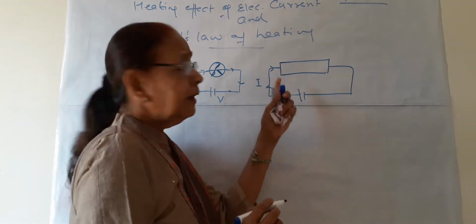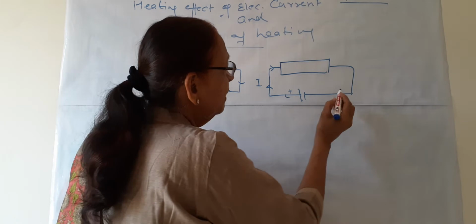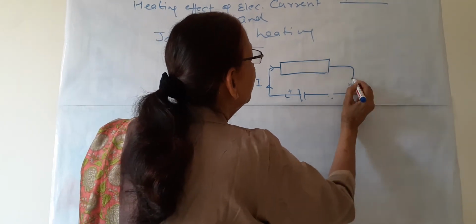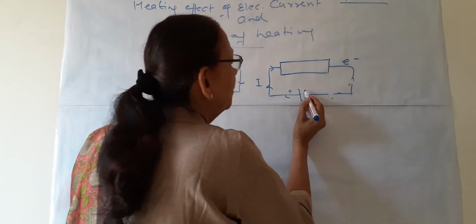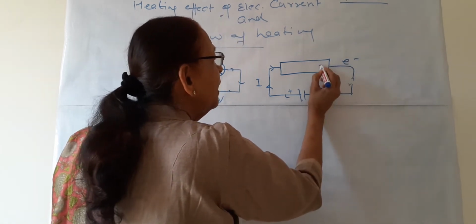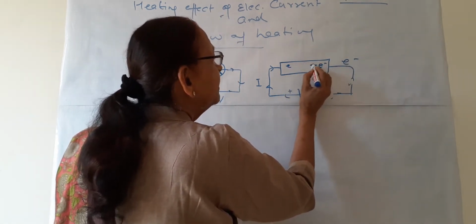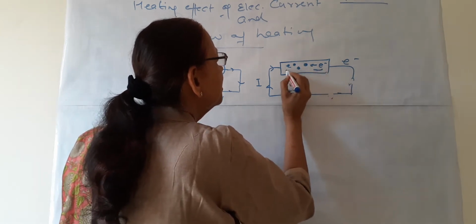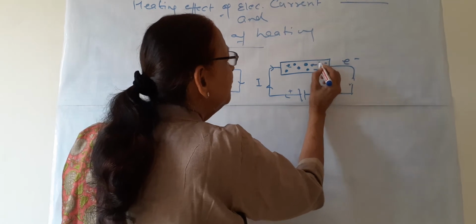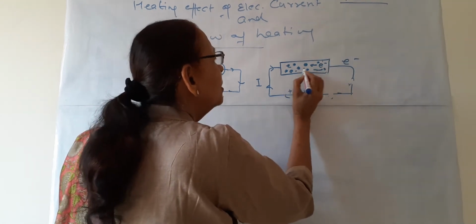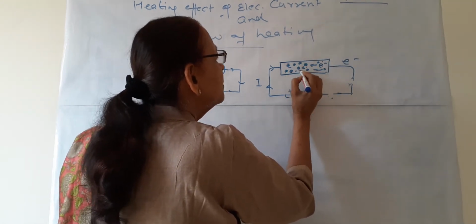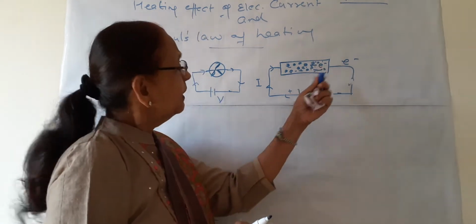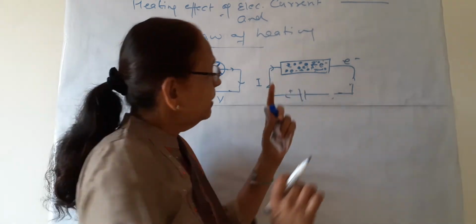The conventional current goes from the positive end, but actually the electrons are moving from this side and entering this conductor. In the conductor, many atoms of the metal are present, and also many free electrons are present. That's why this metal conducts electricity.